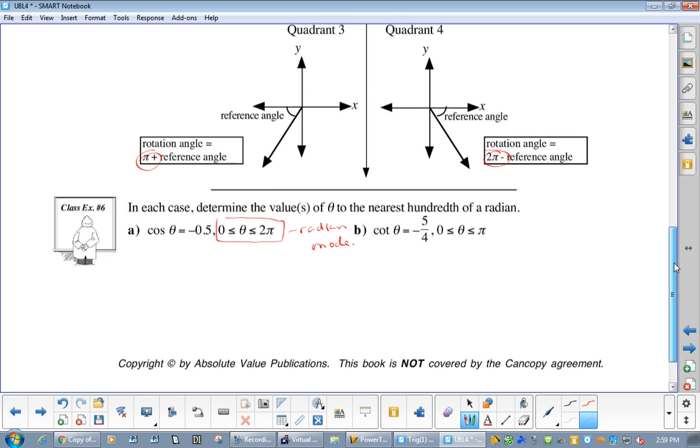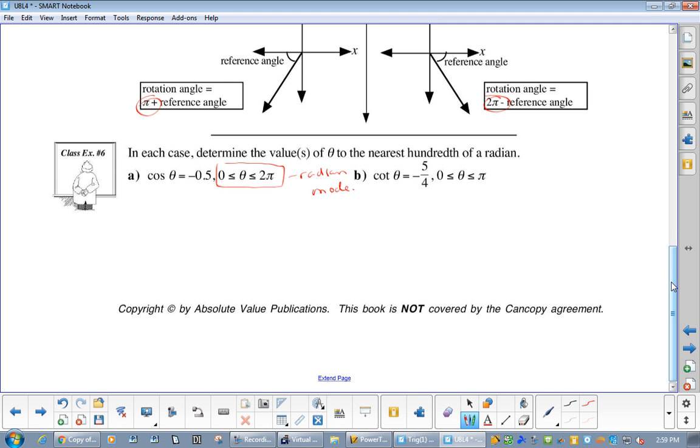Okay, so it says when is cos negative? So I go CAST. When is cos negative? Okay, now find me a.